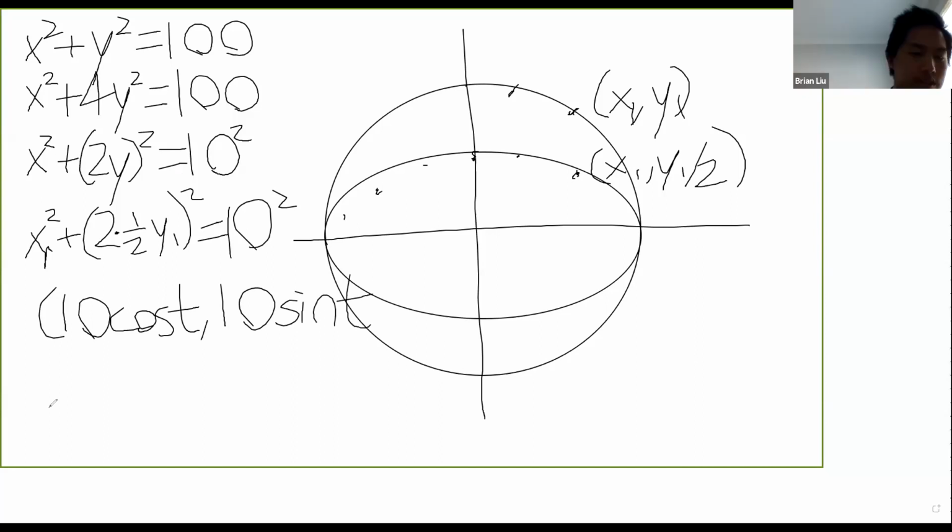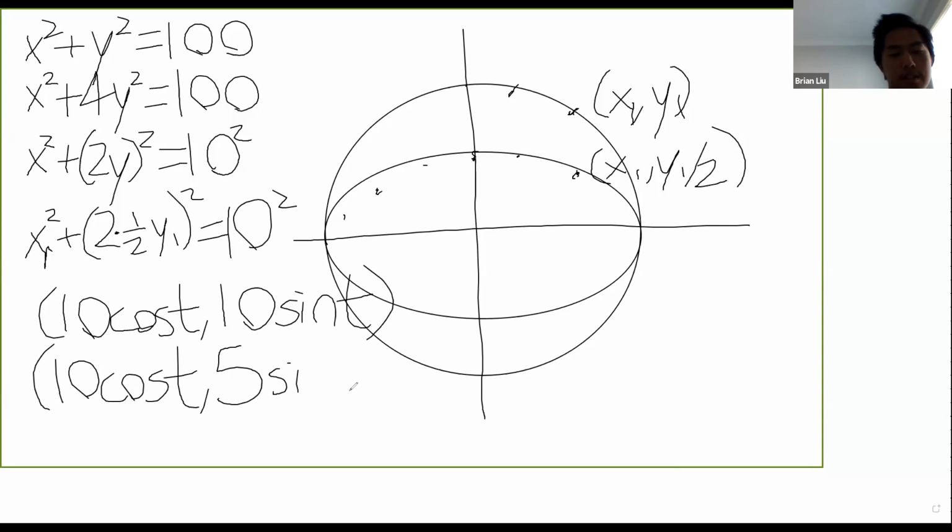Now that we're halving y, we have 10 cosine t, 5 sine t. So these x and y satisfy the ellipse. So all in all, we're scaling everything. Right, so the general form would be, instead of 10, we can write a. So something times cosine t, and then something times sine t.